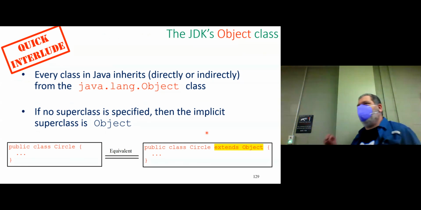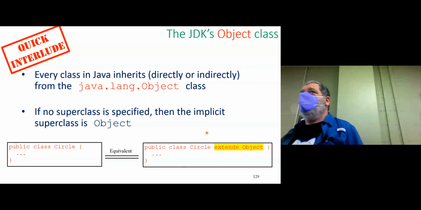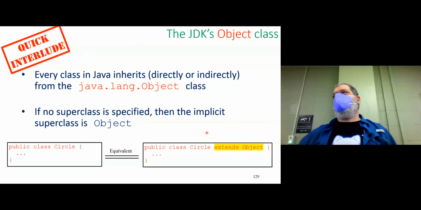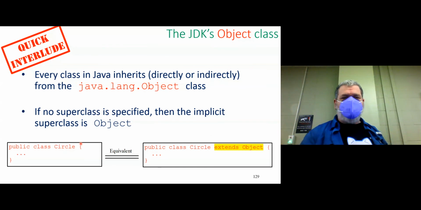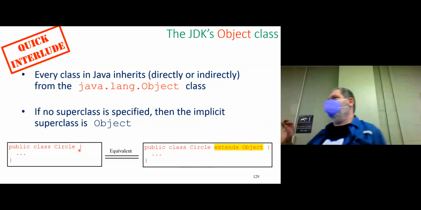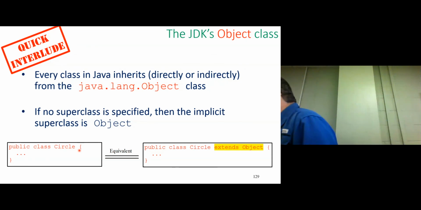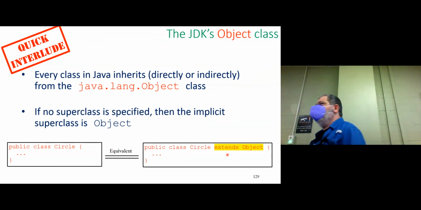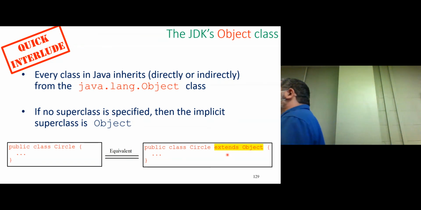Every other class has a superclass. Every class that says extends blah is a subclass of class blah. It's explicit. If you write public class Circle and you don't use the keyword extends yourself, then by default Java assumes that you extend the class Object.